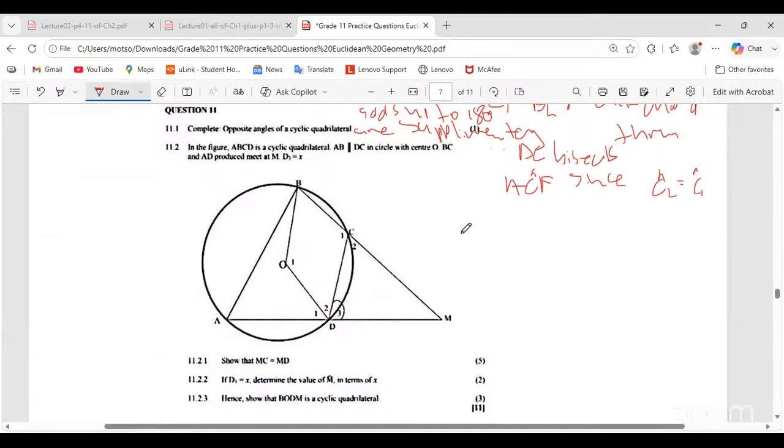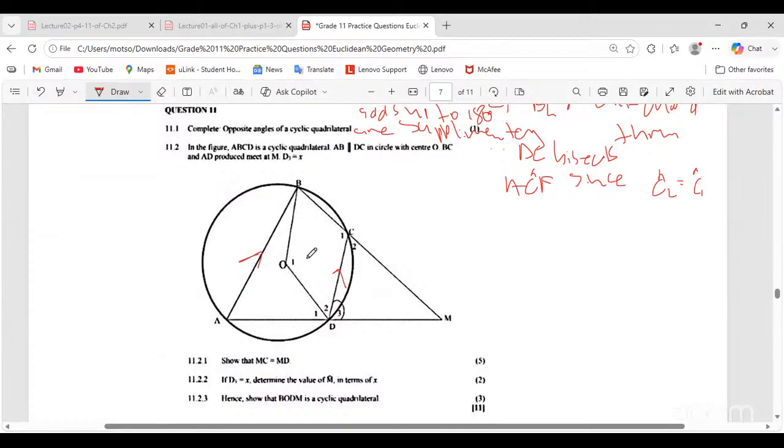They say to us, in the figure below, ABCD is a cyclic quad. We are also given that AB is parallel to DC. This is parallel to that.